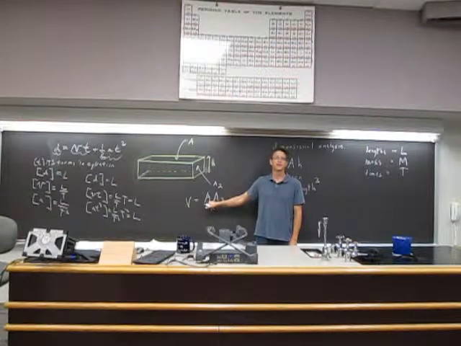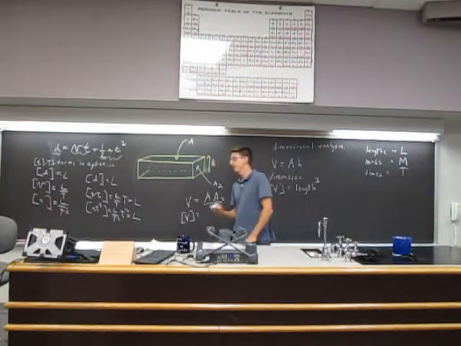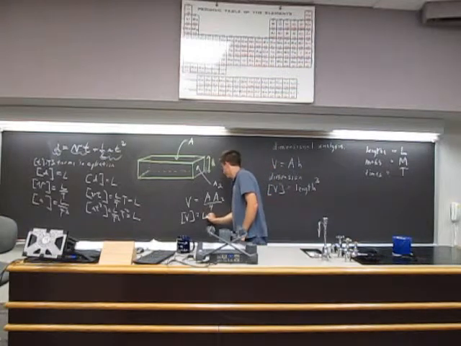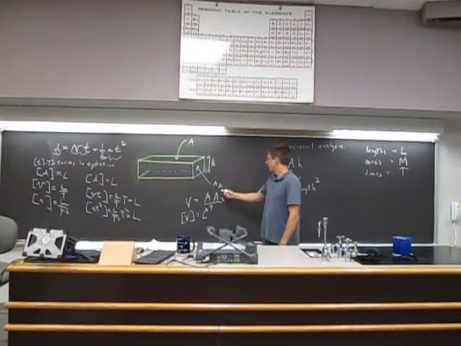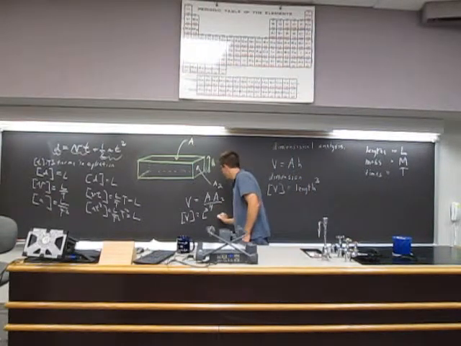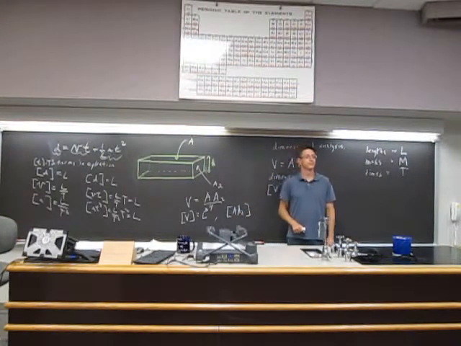Let's take a look at it from a dimensional standpoint. So the dimensions of volume, what was that? It's a length cubed. This 4 clearly isn't going to do anything to the dimensions right here, but I can say the dimensions of area, each of those is a length squared, right?